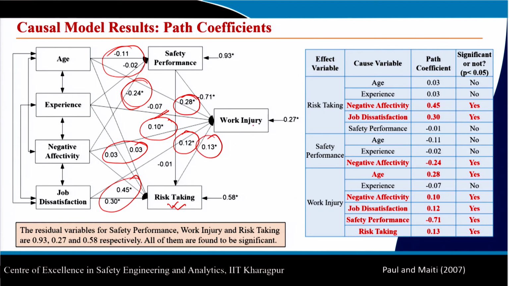So most of the explanatory or predictor variables here are significantly affecting work injury. So you have safety performance at minus 0.71, risk taking 0.13, and age is one of the important parts positively affecting, meaning the older age group are having more injuries, which is not good.